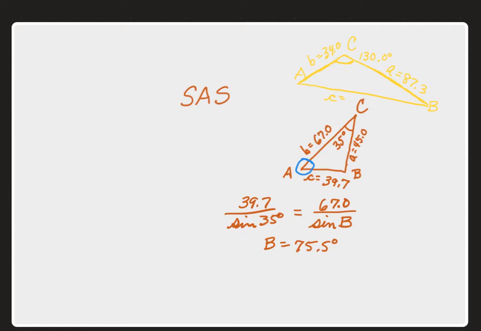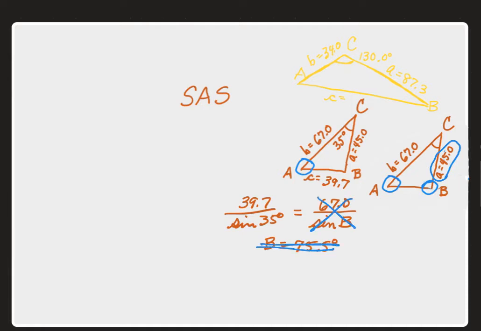In other words, which one of these angles, A or B, has the smallest opposite side? The answer is clearly A, so A is the smallest angle of those remaining. Therefore, that is the one for which we should solve.